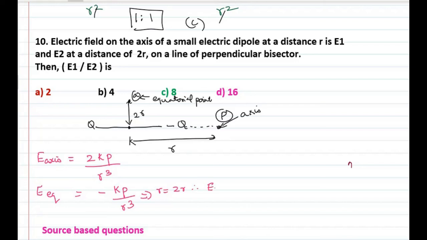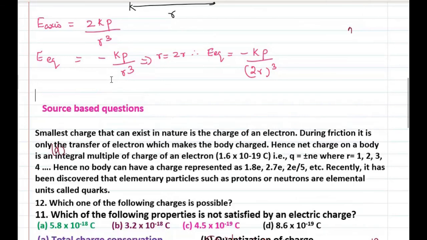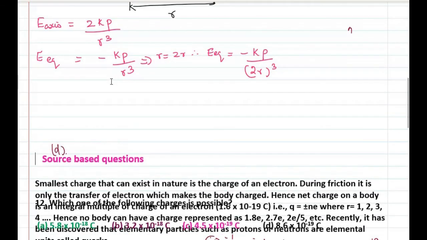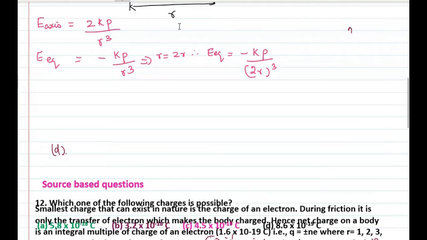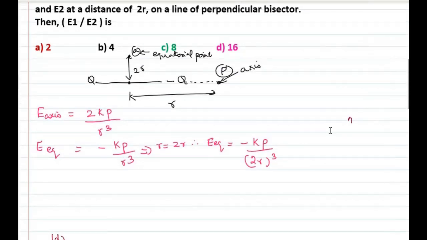Therefore, E equatorial is minus kp divided by 2r the whole cube. Now we have to find the ratio of E1 and E2. So E axis is E1 and E equatorial is E2, as given in the question.